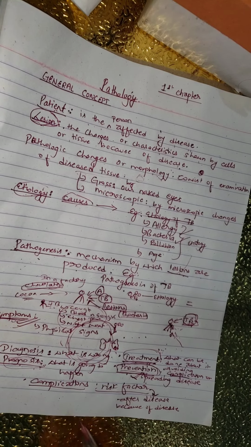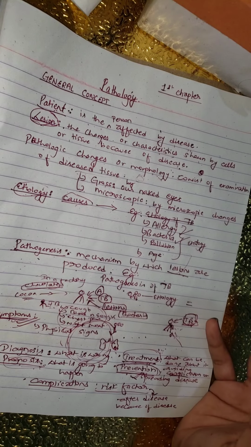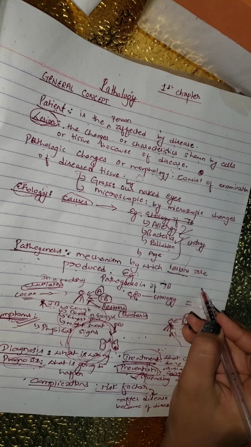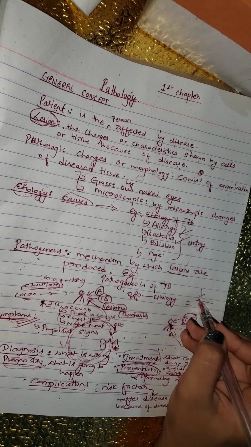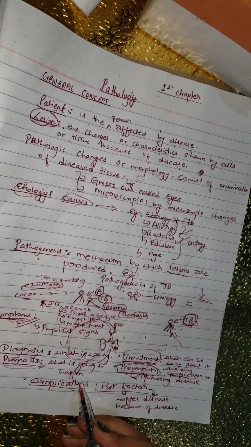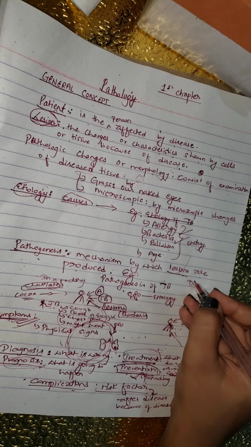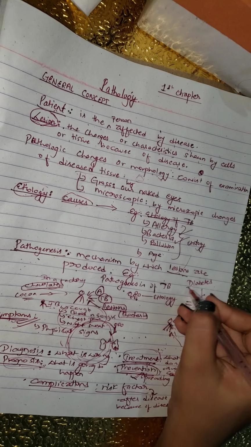What is a complication? Complications are those risk factors: because of disease, if there are secondary things which are going to happen to us, those are called complications. I'm going to give a minor example. Diabetes is very common worldwide.